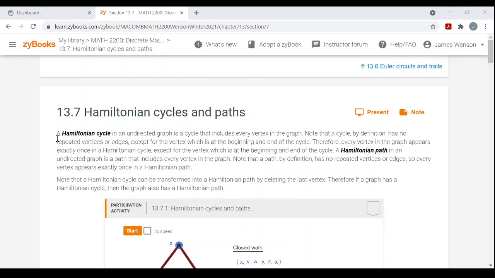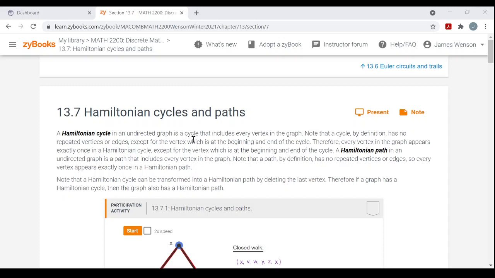All right, so again, the definitions. A Hamiltonian cycle in an undirected graph is a cycle, right? So that means it's a circuit, a closed walk that doesn't repeat any edges, but also doesn't repeat any vertices. That's what a cycle was.